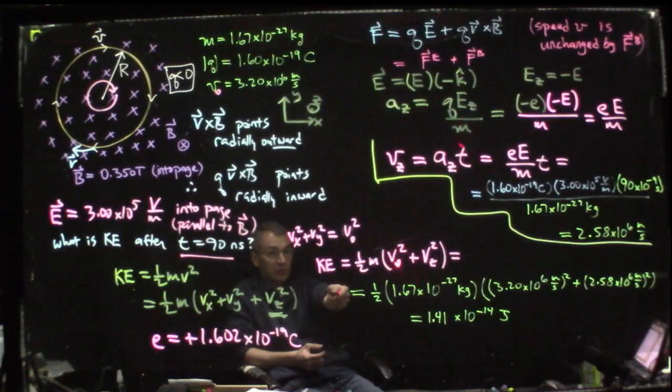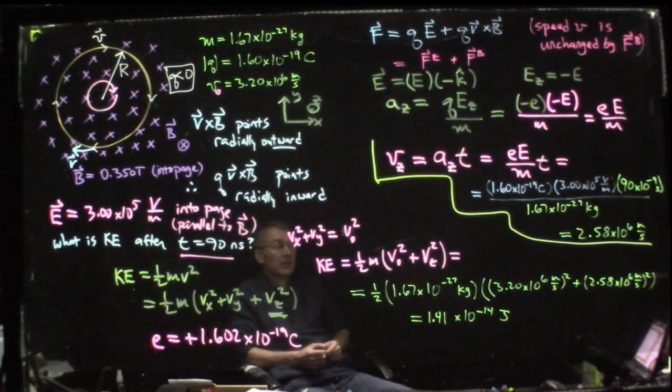This first term is Vx squared plus Vy squared, and then here's this Vz that we just calculated, and we square it. So there's a half, there's the mass, 1.67 times 10 to the minus 27 kilograms, and then in parentheses, here's this original V0, we're going to square that, and then here's this Vz we just computed. Put all that together, you get 1.41 times 10 to the minus 14 joules.